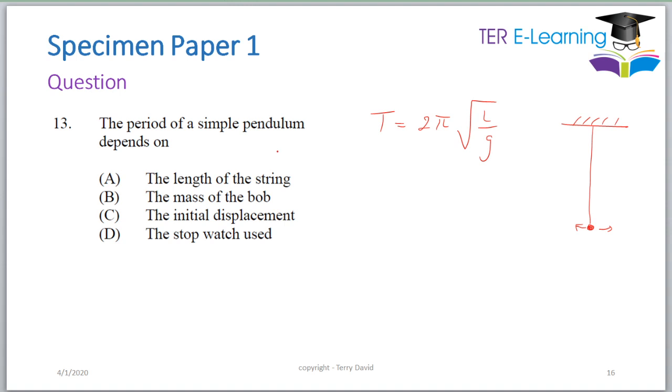According to this formula, the period of a simple pendulum all depends on the length, right? So it depends on the length of the string. It doesn't depend on the mass. It doesn't matter what the mass is, all right? I won't talk too much about the others. Yeah, so T is dependent on the length of the string.